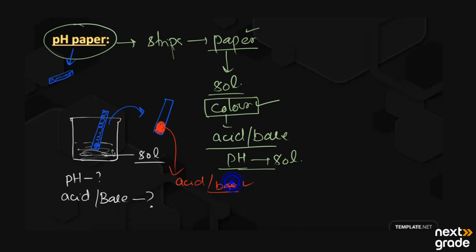From this color we will identify the pH of the solution and whether it is an acid or a base. For this pH paper we have a measuring scale with already calculated values from pH 1 to 14, and by matching the color of the strip with this scale, we will be able to find out whether it is an acid or a base.